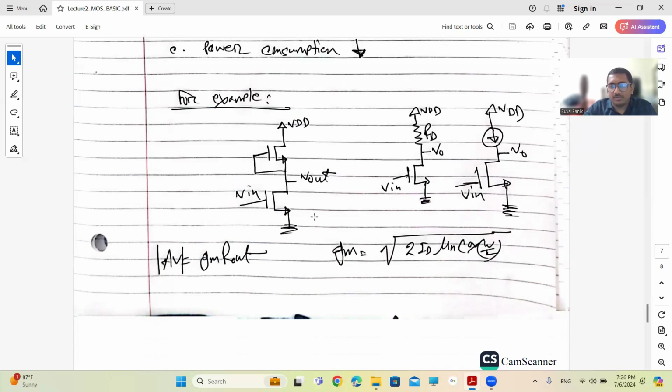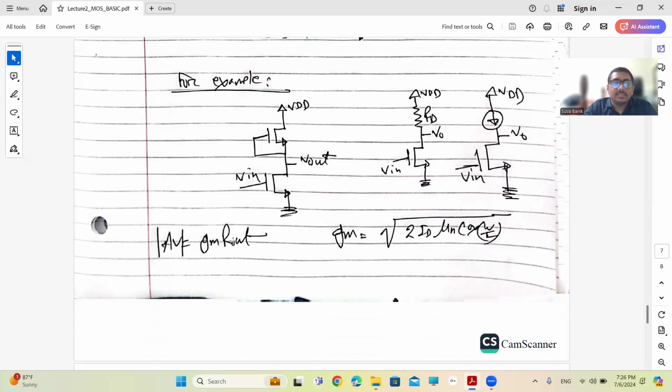From the common source amplifier, you know that the gain is GM times R out. Whatever the R out, you can see there's one tuning parameter. If I want to play with the circuit, then I need to play with its W by L and its ID, right? It is a formula of GM.